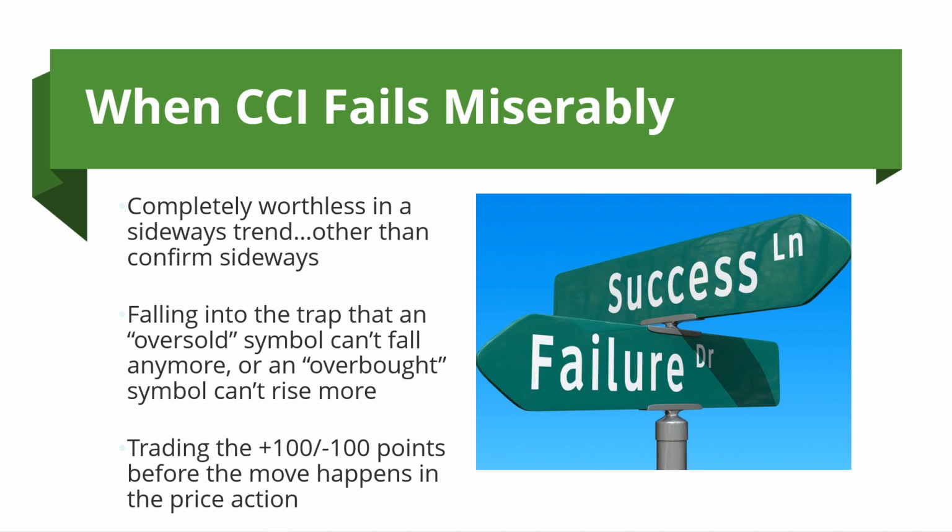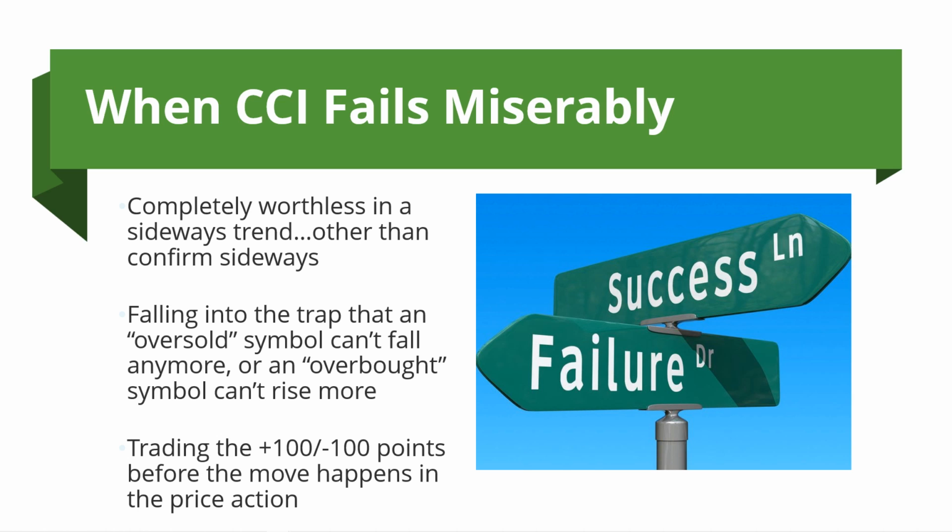So falling into the trap, and I said it a few slides ago and I told you I'd say it again, here it is. Falling into the trap that an oversold symbol can't fall anymore or overbought can't rise anymore. Now that's its own thing, but anticipating that it's going to break the 100, negative 100, anticipating it's going to go above the plus 100. Once it gets there, it's, oh geez, I've missed the move.